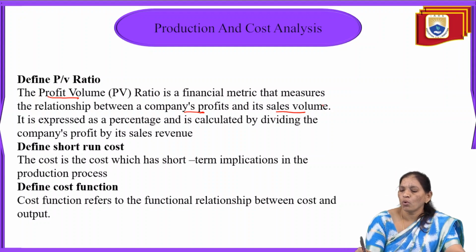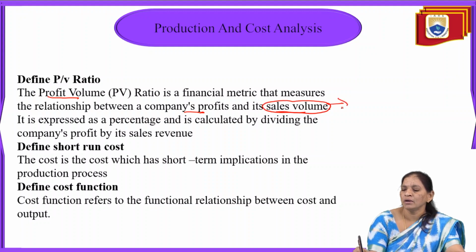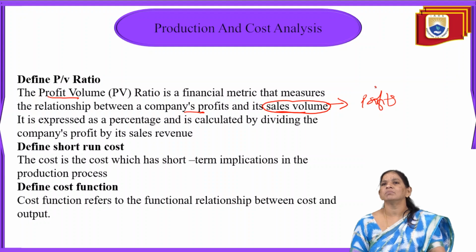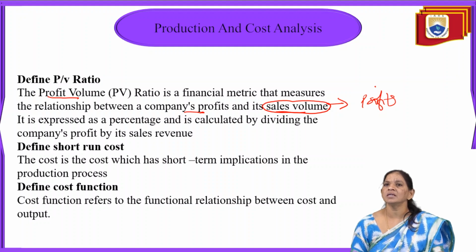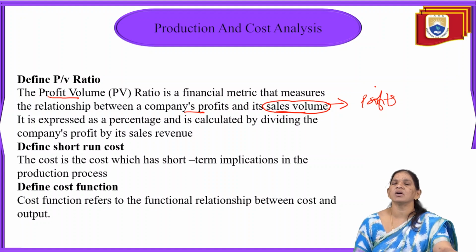It means at what sales volume we are attaining profits, and how much profit the organization is getting. For example, at 10,000 sales volume, what is the profit? At 20,000, what is the profit? It decides at what volume condition, what rate of profit the organization is achieving. This is termed the profit volume or PV ratio.